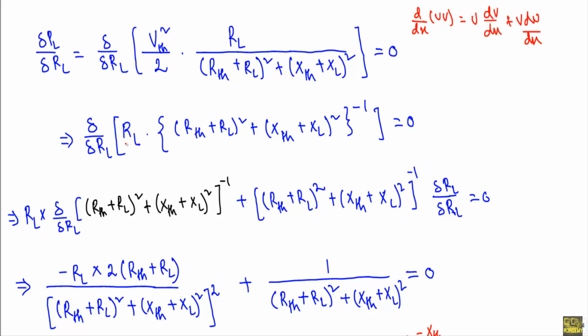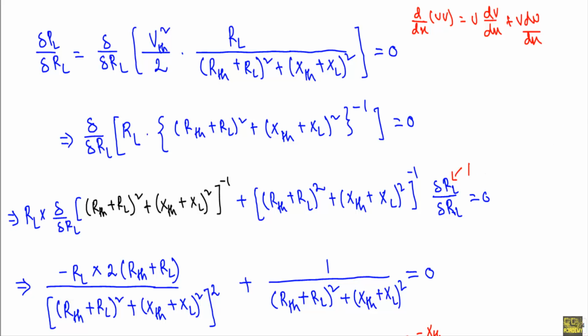Okay, now see, if I use this formula, here I can write down this partial derivative as RL into d by dRL of RTH plus RL whole square plus XTH plus XL whole square with exponent minus 1, plus RTH plus RL whole square plus XTH plus XL whole square with exponent minus 1 into d RL by d RL. This will result 1.